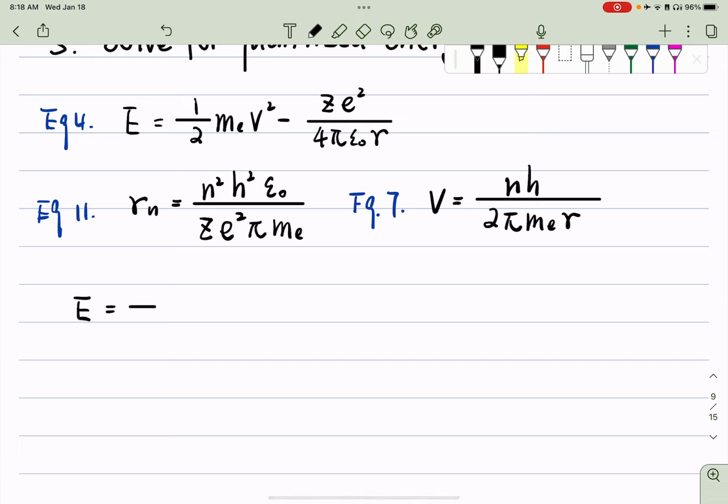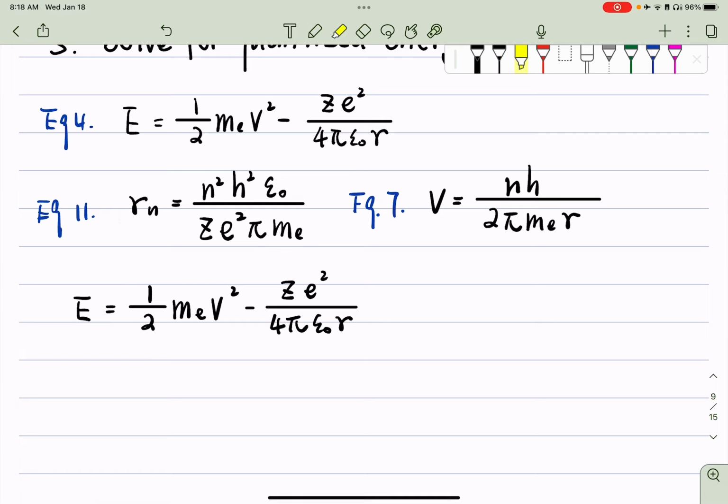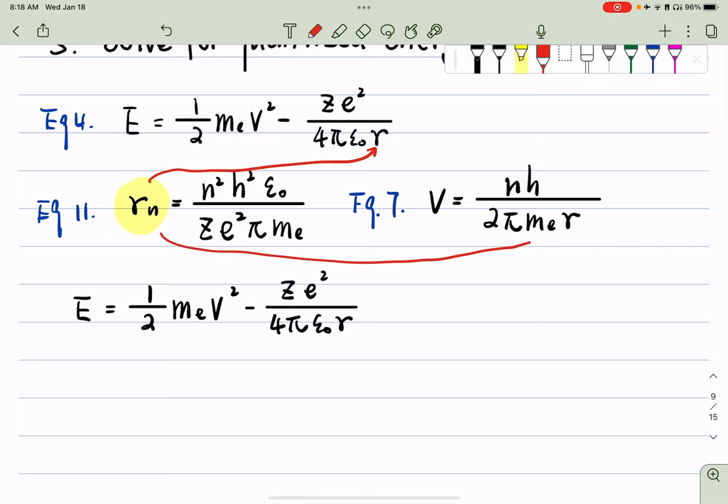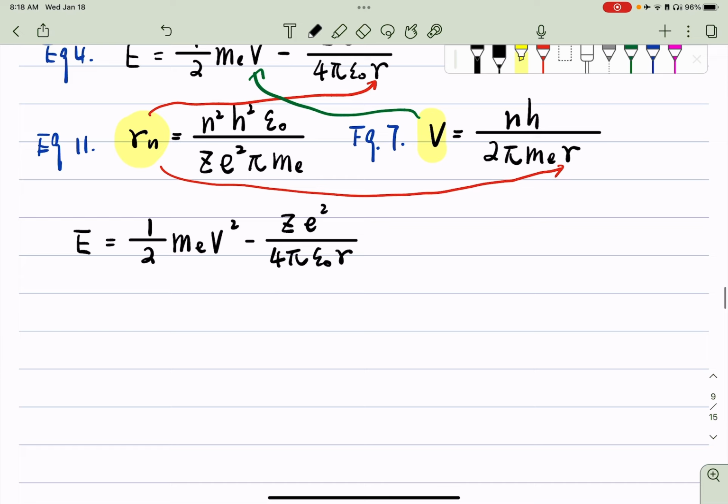So energy equals 1/2 m_e v squared minus the potential term, Z e squared over 4 pi epsilon naught r. In this case, we need to plug in our r into the position term, and also plug our velocity term in.